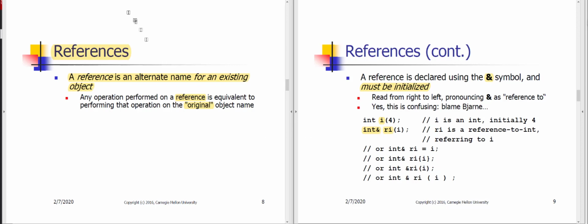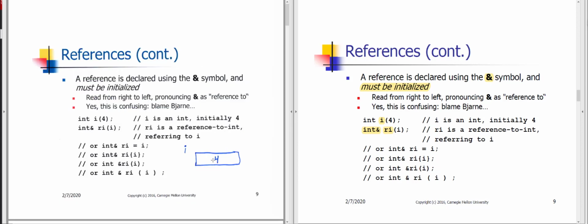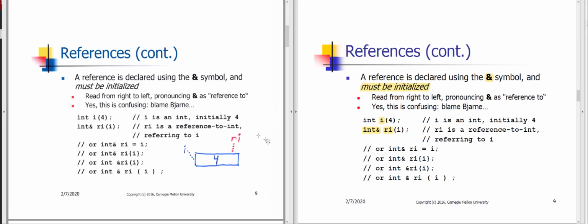If I look at a diagram of what's happening here on the left-hand screen, we're looking at a diagram of what's going on in memory. Initially, I is allocated in memory as an int with an initial value of 4, and then Ri is set up as an alternate name for that same object.